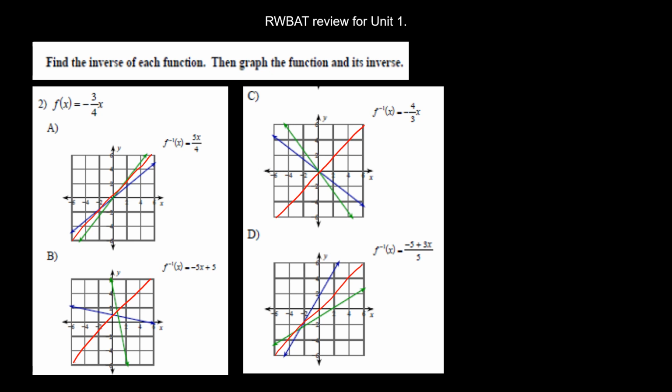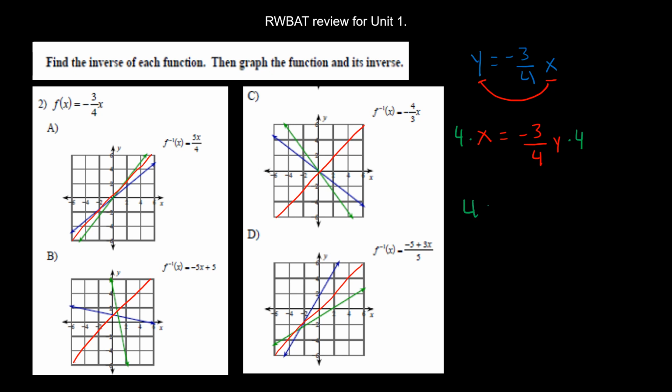So when we're taking the inverse of this, we're going to say y equals -3 over 4x. We're going to switch our x and y. So we're going to say x equals -3 over 4y. To isolate our y, I know a lot of y'all will divide by this value, or you can multiply by the reciprocal. I'm going to take it one step at a time just to make sure that everybody can follow along. So I'm going to multiply both sides by 4.